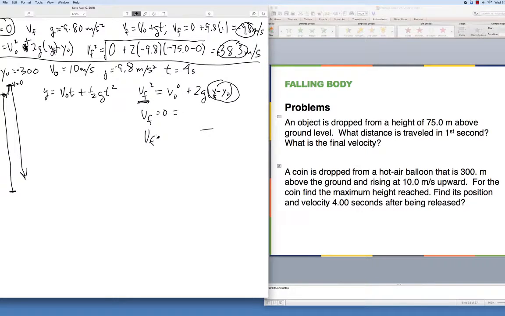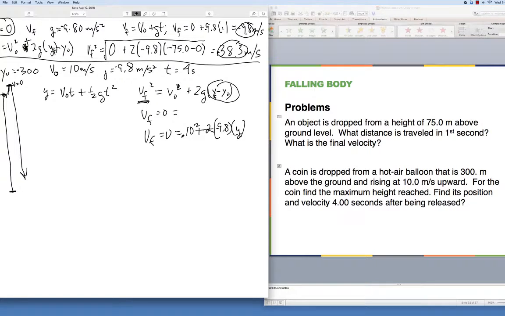So 0 equals 10 squared plus 2 times 9.8 times this displacement. And this displacement will be added on to this.